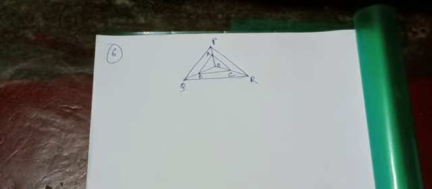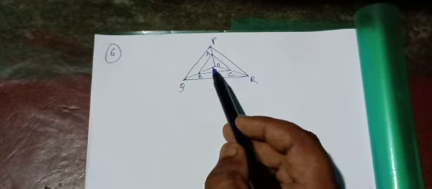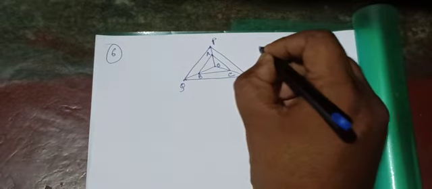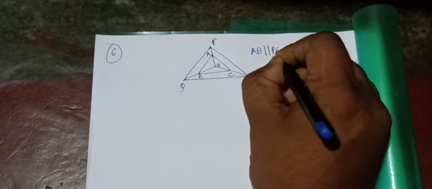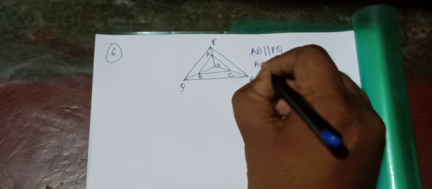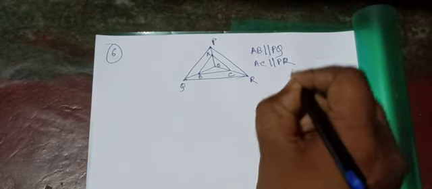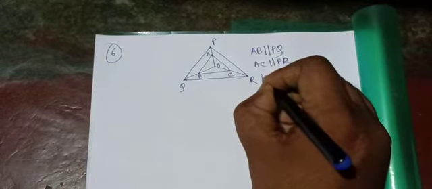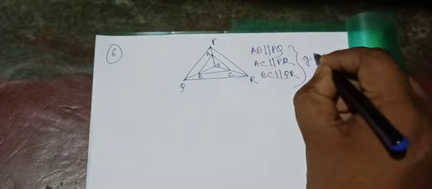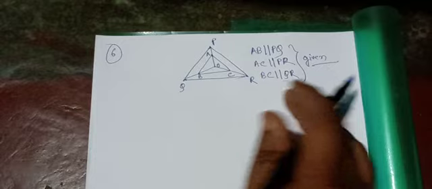In question number 6, it is given that A, B, C are points on OP, OQ, OR respectively, such that AB is parallel to PQ and AC is parallel to PR, and BC parallel to QR.